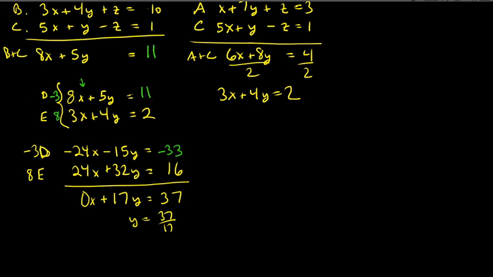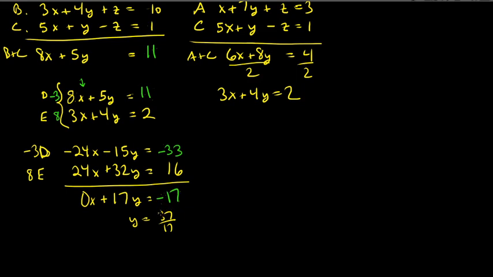And now when you add negative 33 plus 16, you don't get 37. You get negative something. Looks like negative 17. Okay, so let me change that here. This is negative 17.